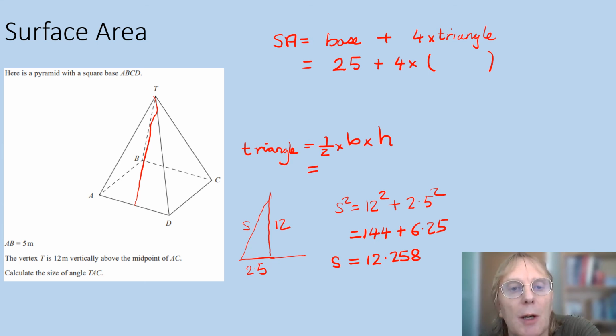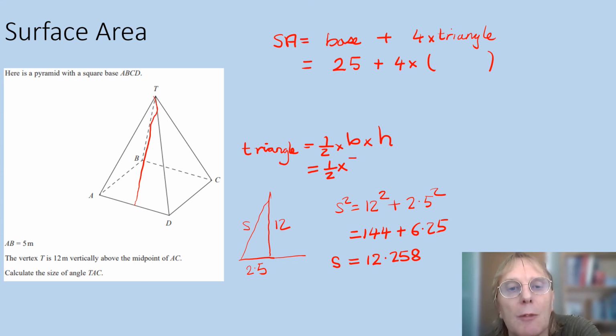So that's going to be a half times 2.5, isn't it? Because it's only 2.5 along. No, it's 5. Half. Sorry, the triangle base is 5.